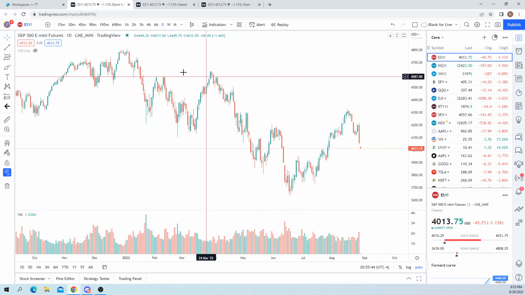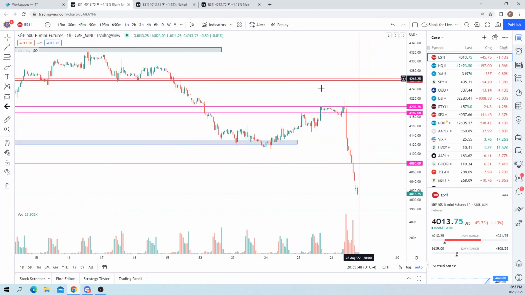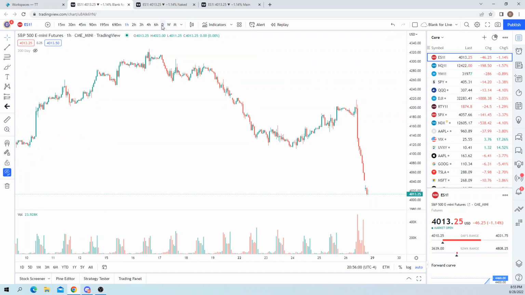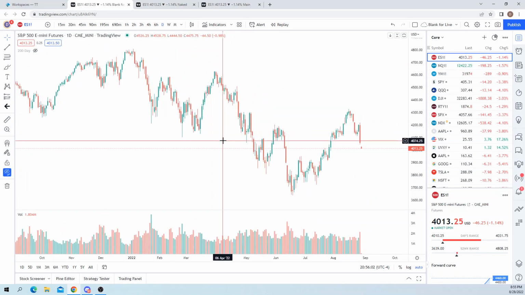Okay, so that is why I used that 4,200 area to pick a spot to short. Okay, same thing goes for 4,080. The reason I picked that is because it has acted as a nice support area this particular year.